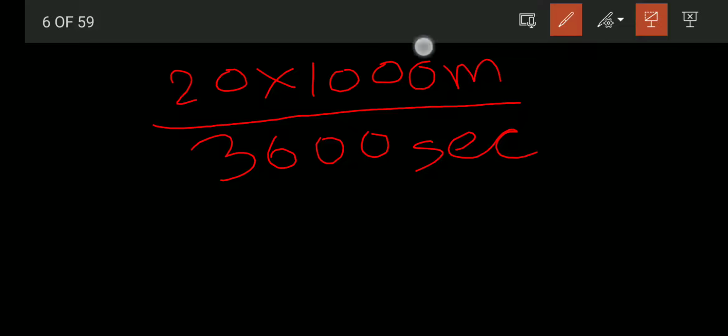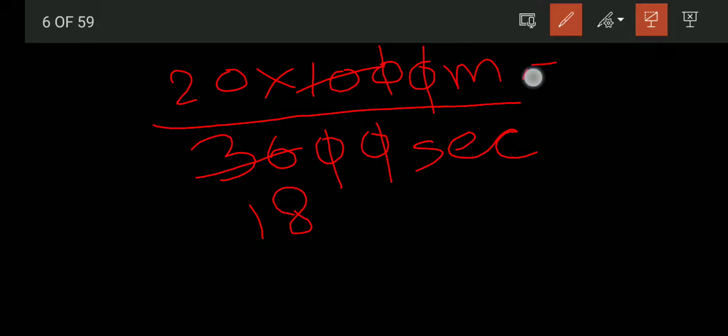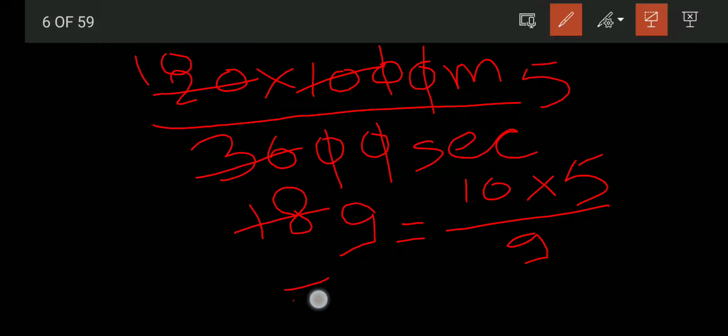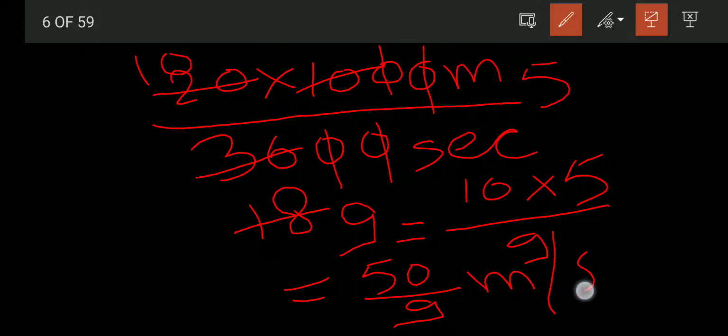We'll cancel 1 0, 1 0, another 0, another 0. 2 18s are, 2 5s are 10, 2 9s are 18. Now we cannot cancel, so 10 into 5 by 9, that is equal to 50 by 9 meter per second.